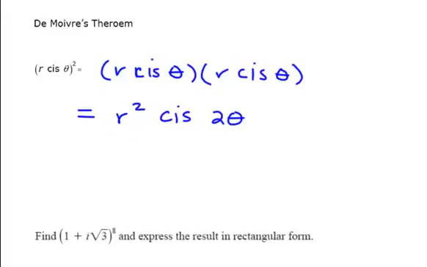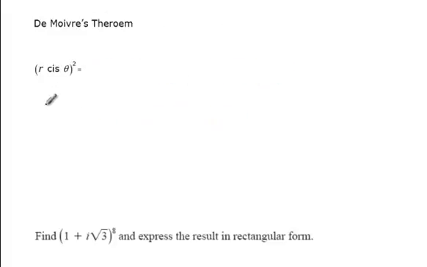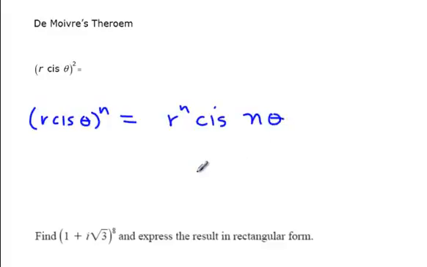So to generalize, r cis theta to the nth power would be r to the nth power cis theta plus itself n times, which would be n theta. So here's what we have, what's called de Moivre's theorem. For a complex number in polar form raised to a power n, simply raise r to the nth power and take n times the angle measure.